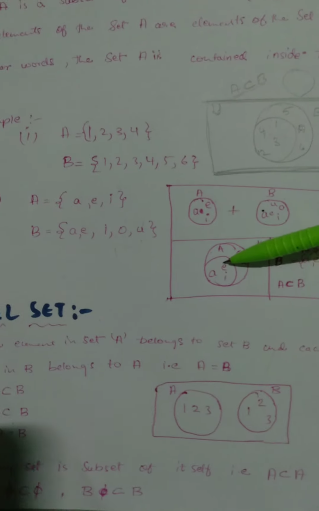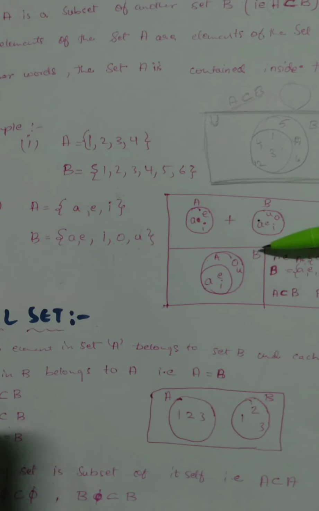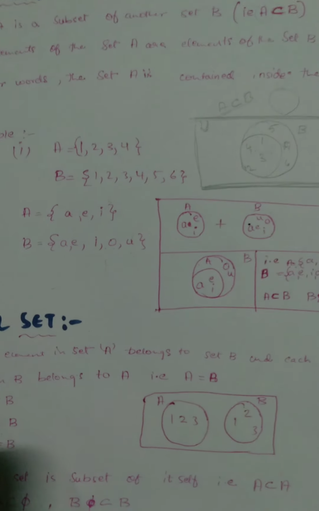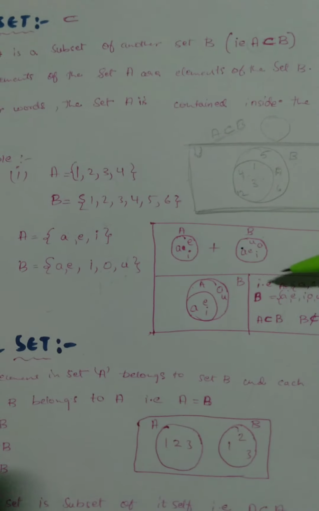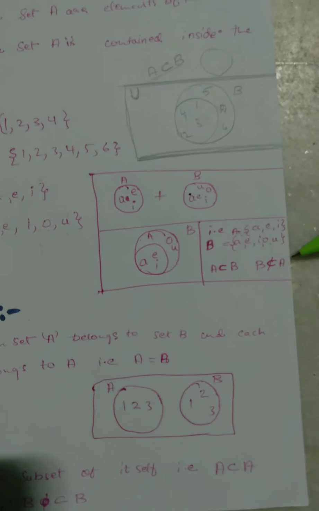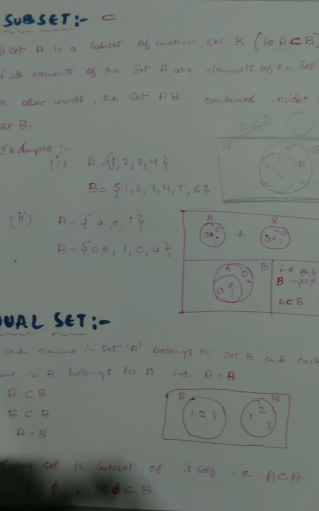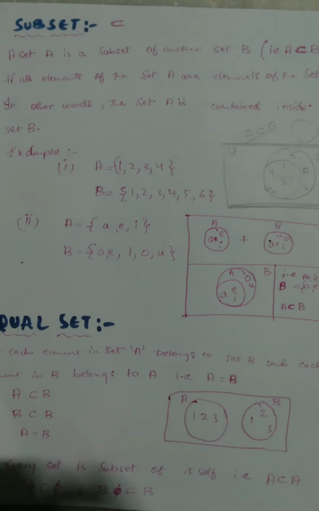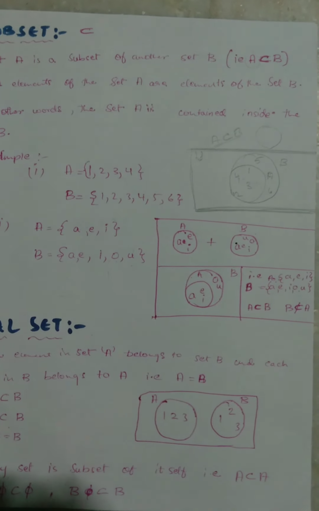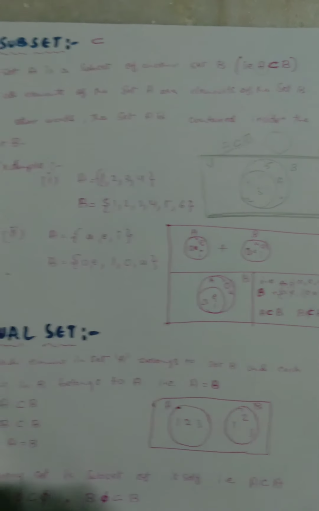Does A contain all the elements of B? No, but B contains all the elements of A. So A is said to be a subset of B, but B is not a subset of A. Are you clear with the definition of subset?